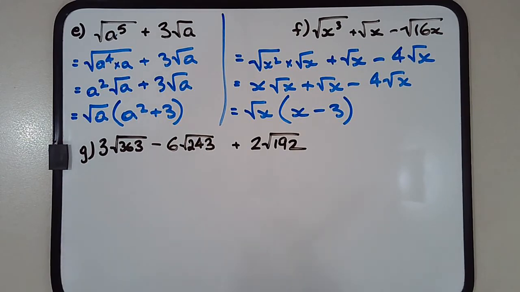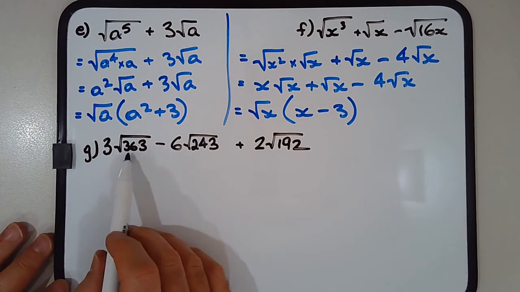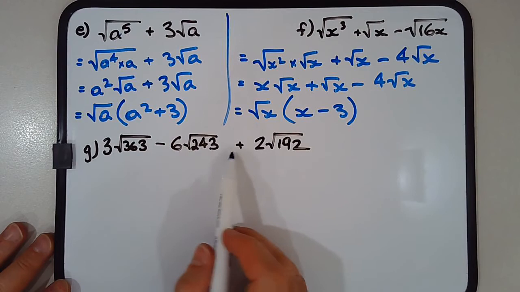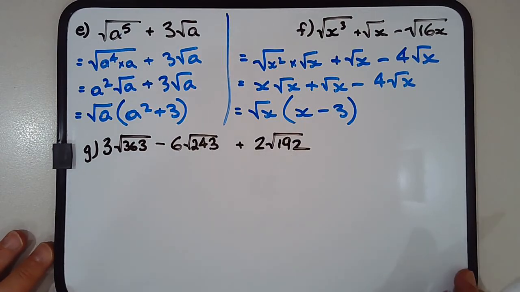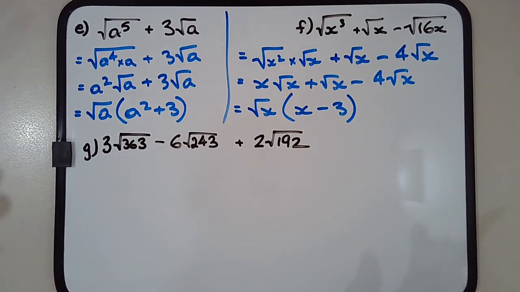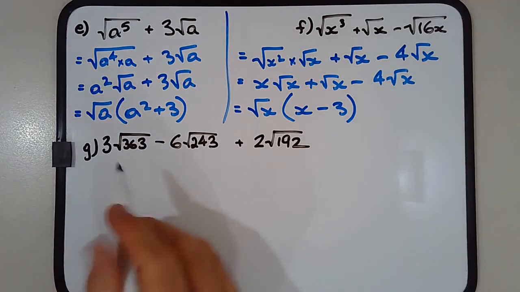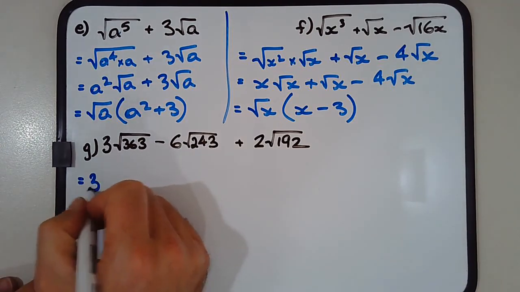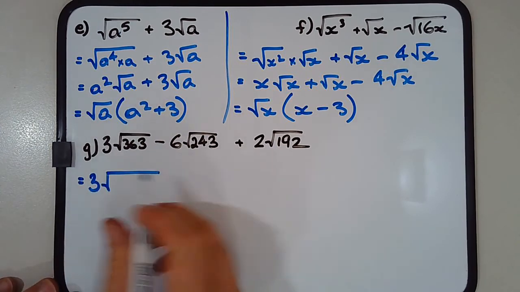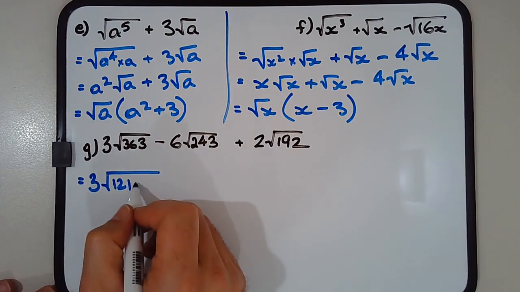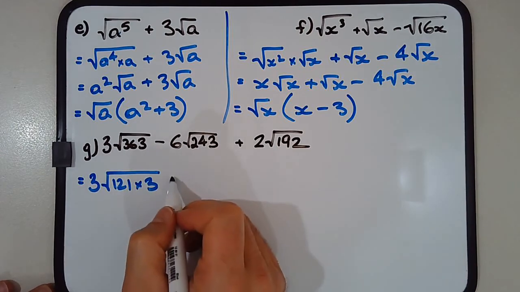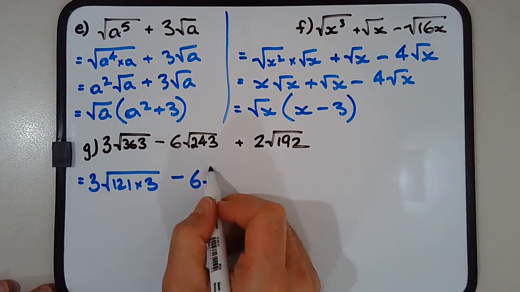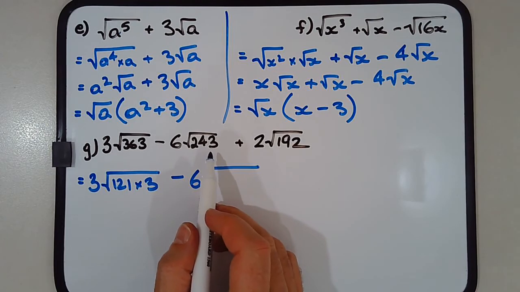All right, last one. 3 root 363 minus 6 root 243 plus 2 root 192. Can we simplify that? Sure can. So 363, you might recognize 363 as triple 121. So 3 root, and I'm going to show a little bit of extra working here, 121 times 3 minus 6 square root of, now 243 looks like triple 81, right?